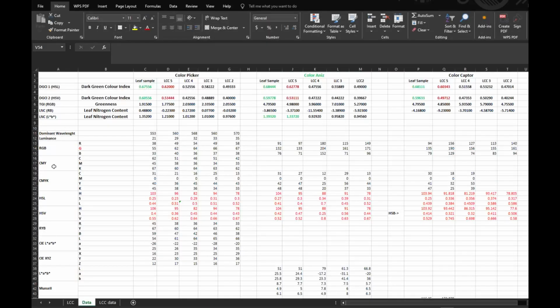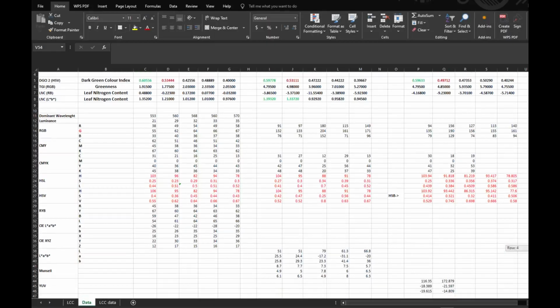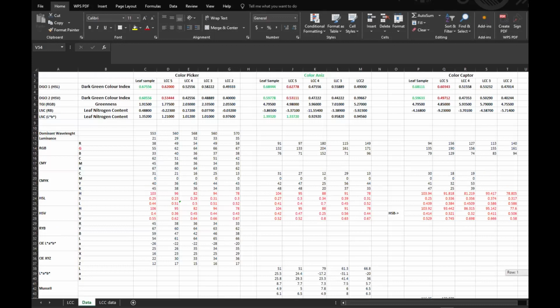It gives you RGB, CMY, CMYK, HSL, HSV or HSB, RYV, CIE LAB, CIE XYZ, LAB. Actually, this one is used by ColorAniz. ColorCaptor, not so much. The only thing that is new about it is it gives you YUV. For the purpose of determining greenness, it's kind of useless.